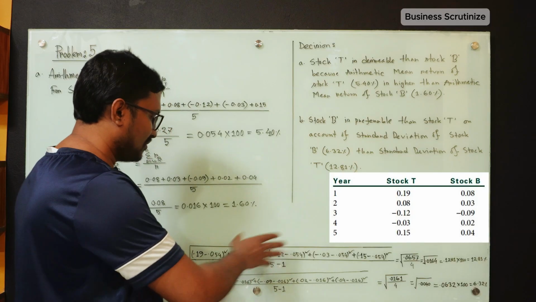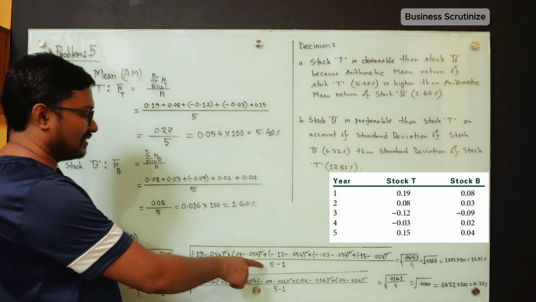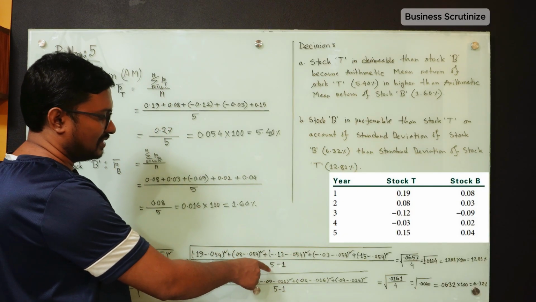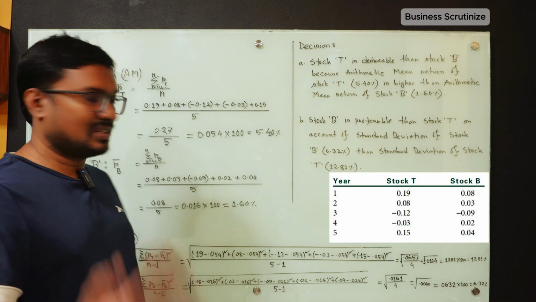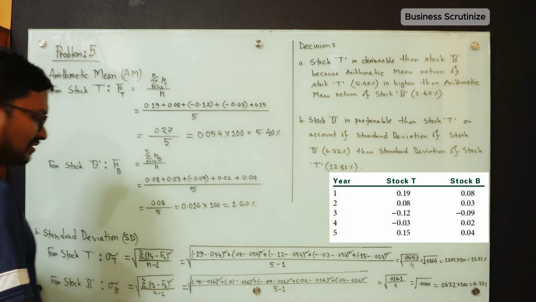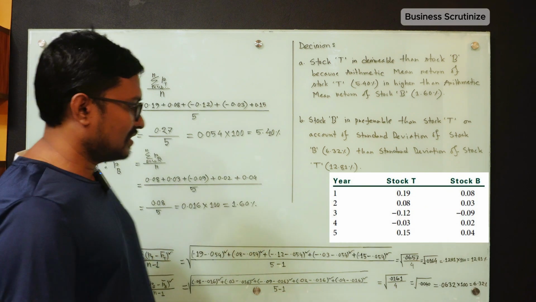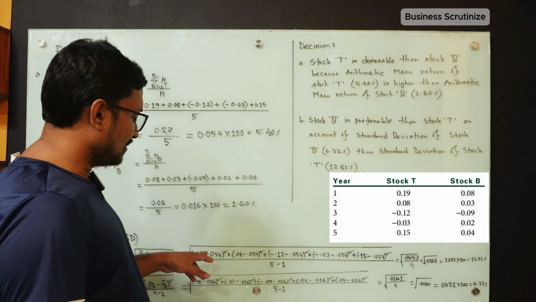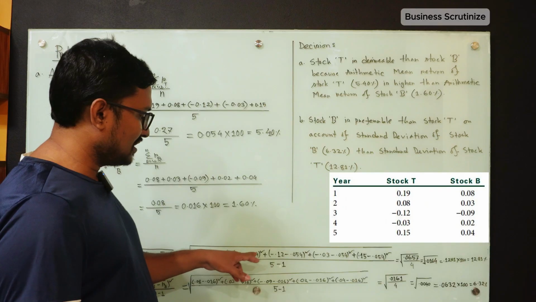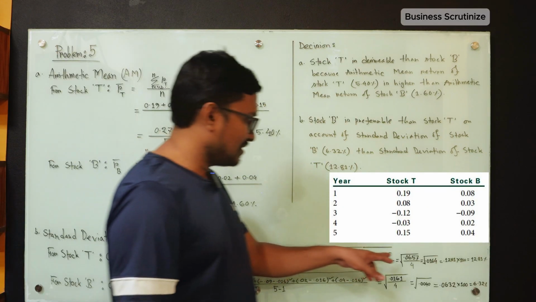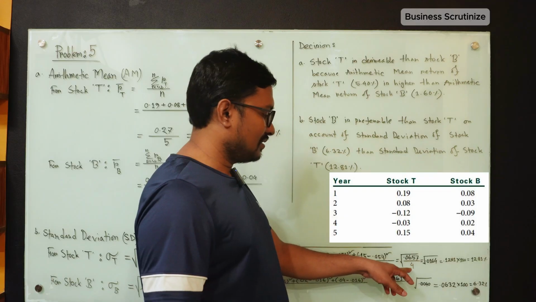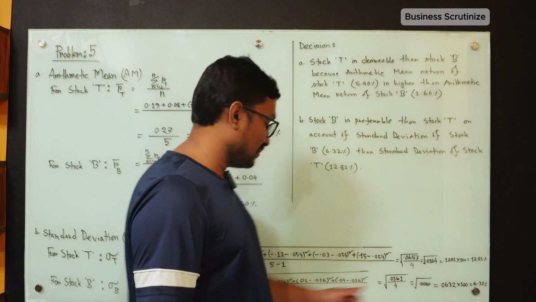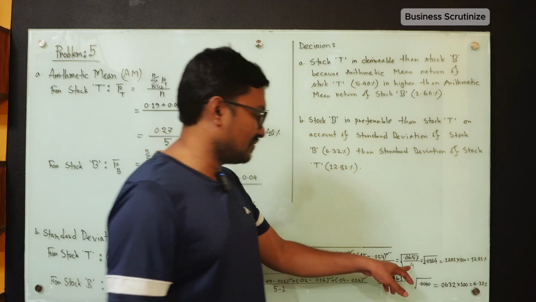In this way we input the data, and we divide by 5 minus 1; the value of n is 5, and we subtract 1 because we are assuming sample data. Now we sum the squared data of every year. If we sum, we get 0.0657, and we divide by 4, because 5 minus 1 makes 4.